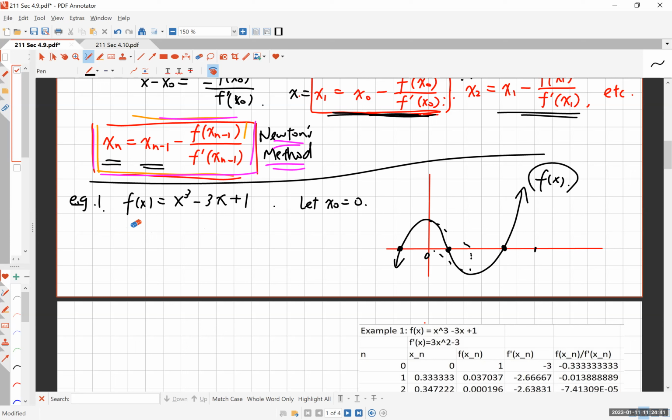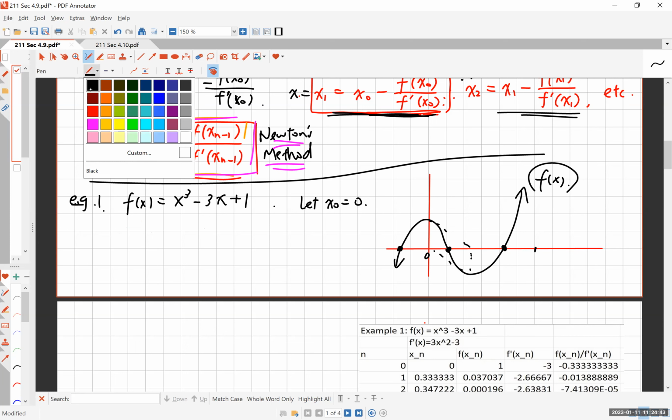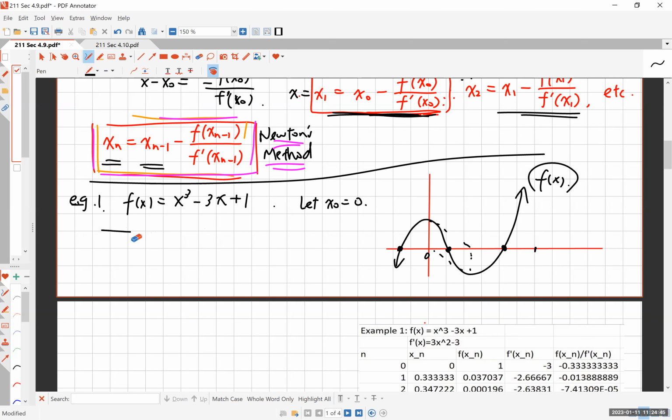Anytime you are trying to solve something using Newton's method, let's go ahead and write down the derivative first. The derivative is 3x squared minus 3. So now x not is 0, so f of x not is 1, and f prime of x not is -3.